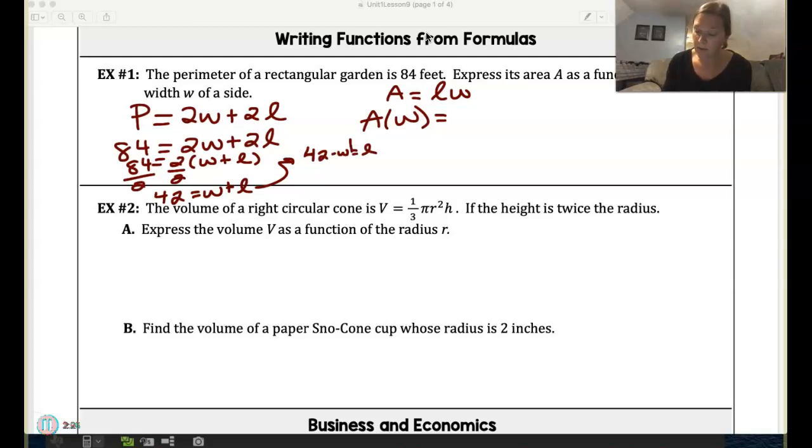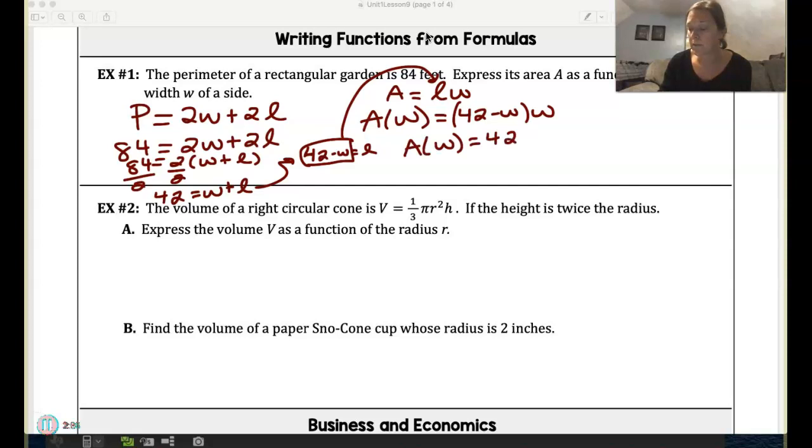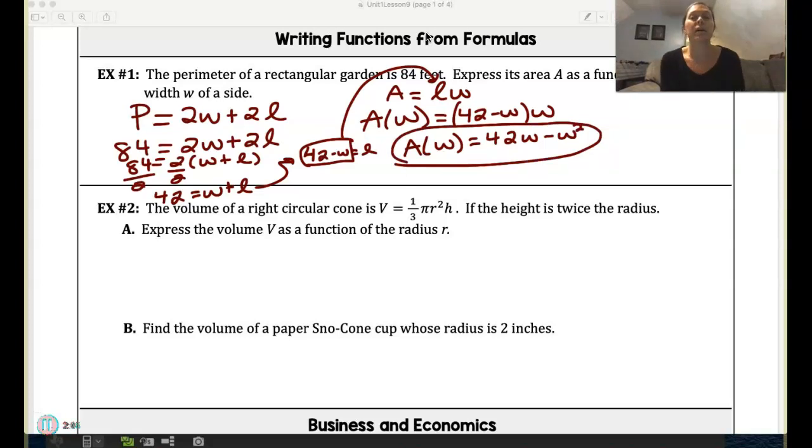So now I can plug this expression in place of our length into that function, and we get (42 minus W) times W. So simplifying that by distributing gets us 42W minus W squared. So now we just expressed the area as a function of width.